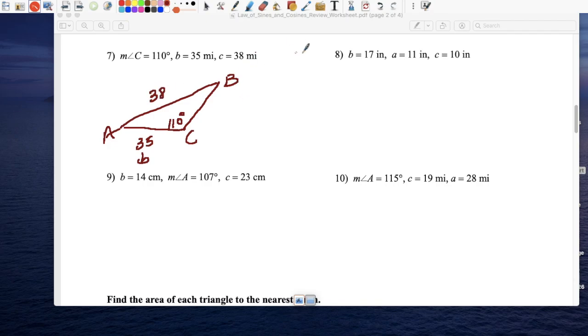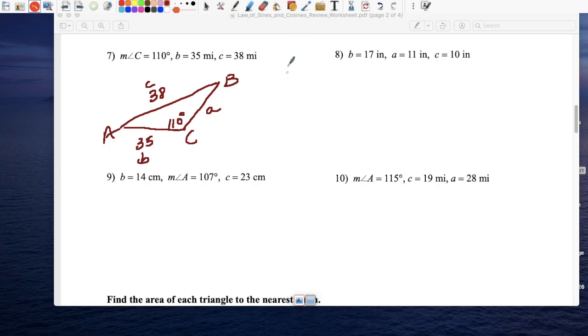Okay, so we can use law of sines, right? Because for c I have both. I have little c and the angle. Actually, sorry, take that back. Let me label this A. I can't use law of sines because I only have... no, I can use law of sines.